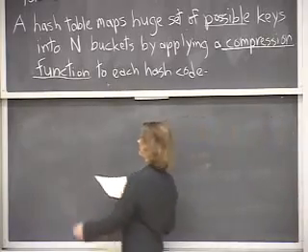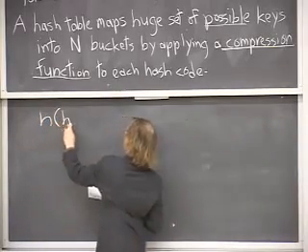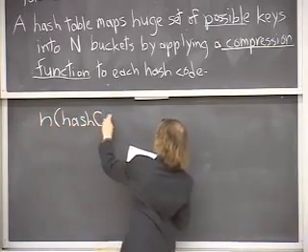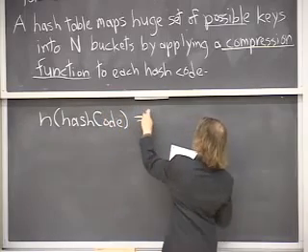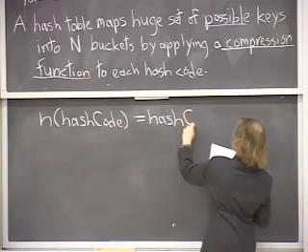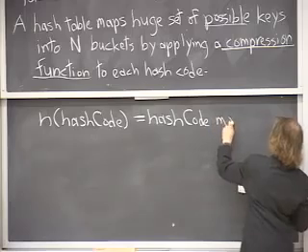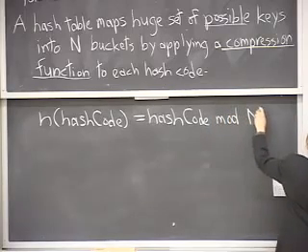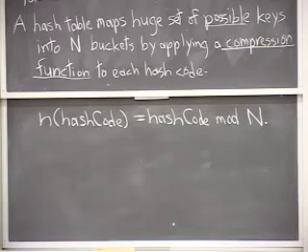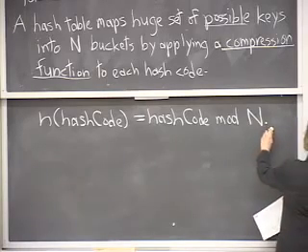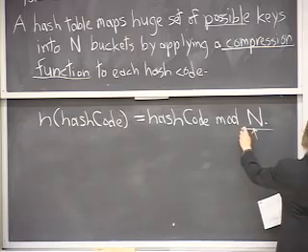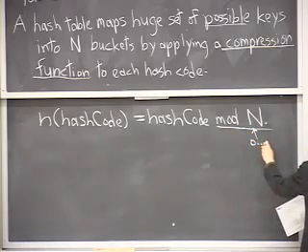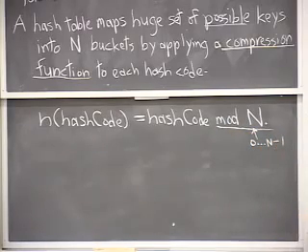Here's the most obvious and simple one. I'm going to take the hash code mod N, where N is the number of buckets. Now I have a number between 0 and N minus 1. And so everything fits in my table now.